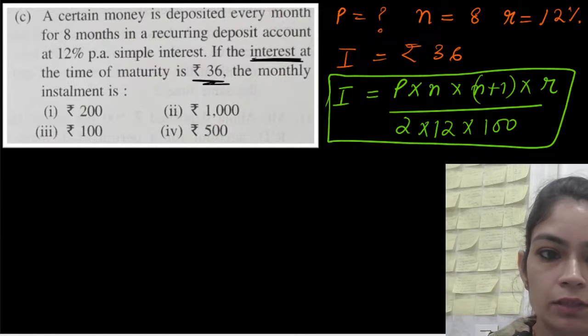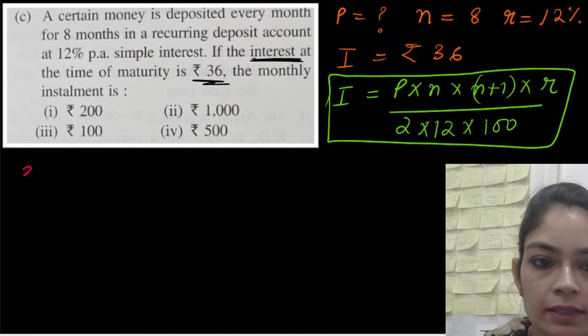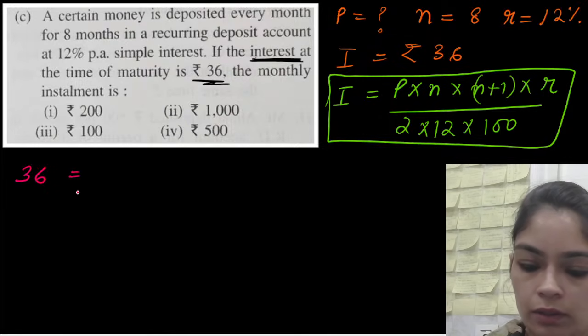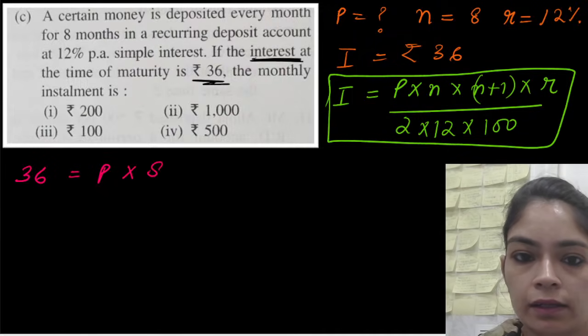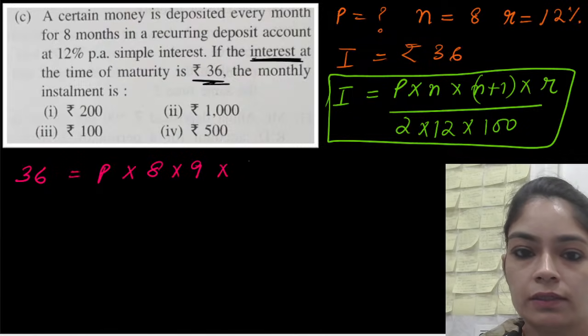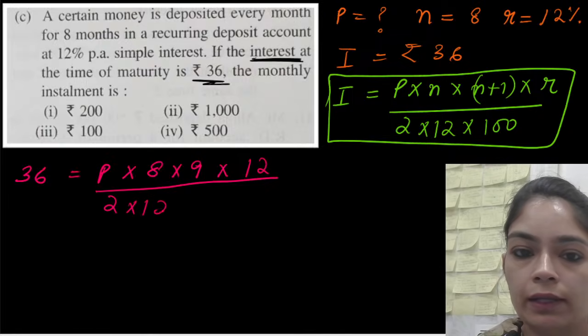Let's see who is solving this question before me. So I is 36. The substitution: P's value we don't know, so it will be P only. N is 8, N plus 1, 8 plus 1 is 9. Rate is given to us as 12 by 2 into 12 into 100.